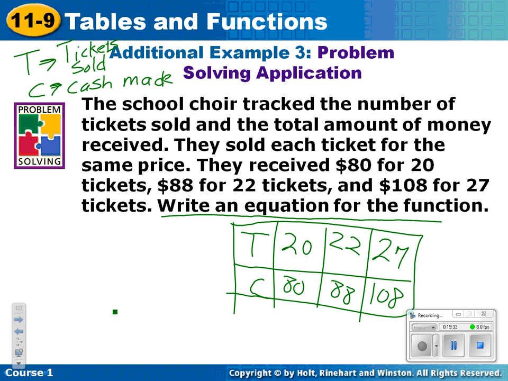What is 22 times 4? 88, so it works there. 27 times 4 is 108. Remember, it has to be the same thing every time. So it is times 4. So what is my equation going to look like?